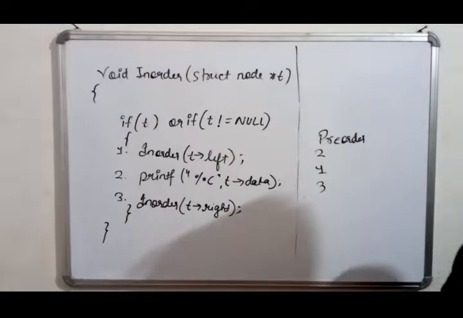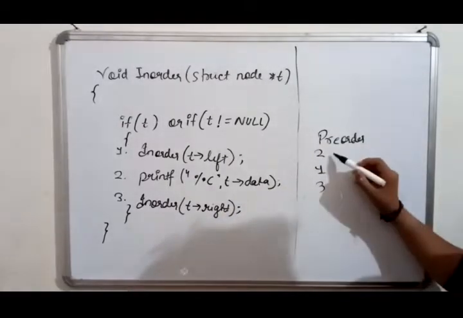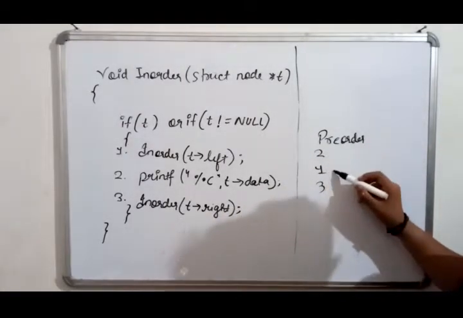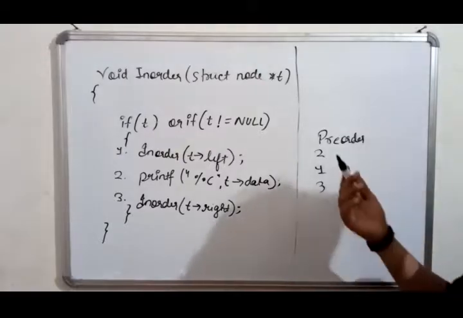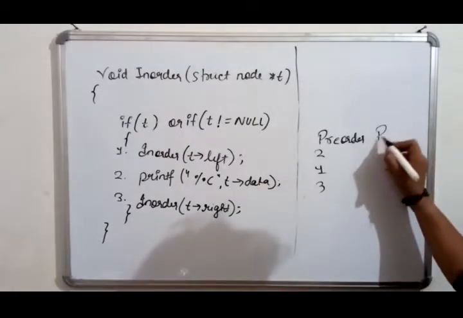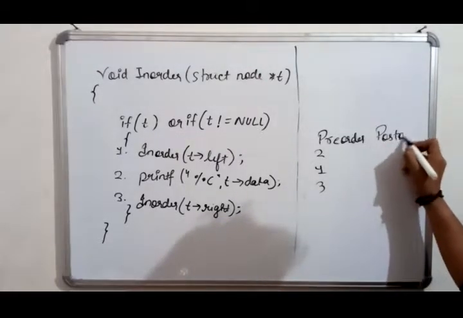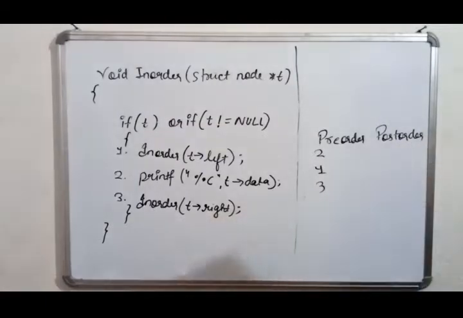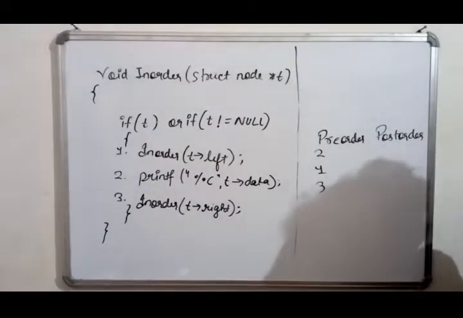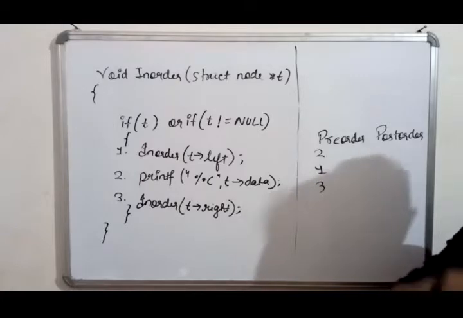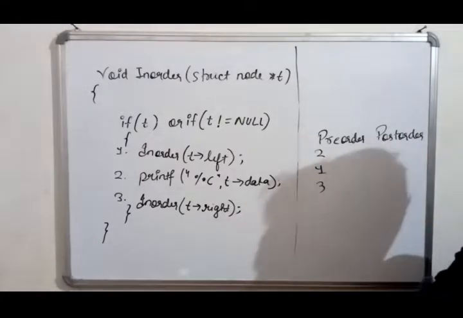So in preorder, first we will print the root, then we will go to the left child, then we will go to the right child. Now let's see postorder. What was the syntax of postorder? Left subtree, right subtree, then root.